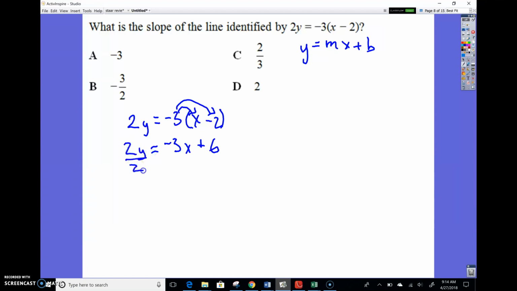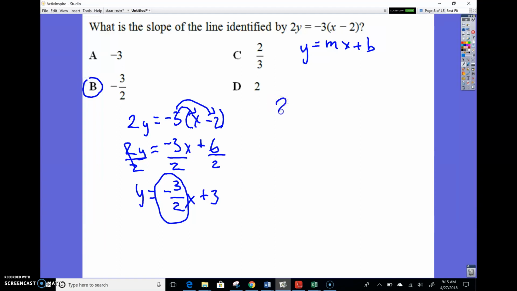Then I divide by 2. y is equal to negative 3/2 x plus 3. Remember the slope is the number next to the x, so this should be my answer.